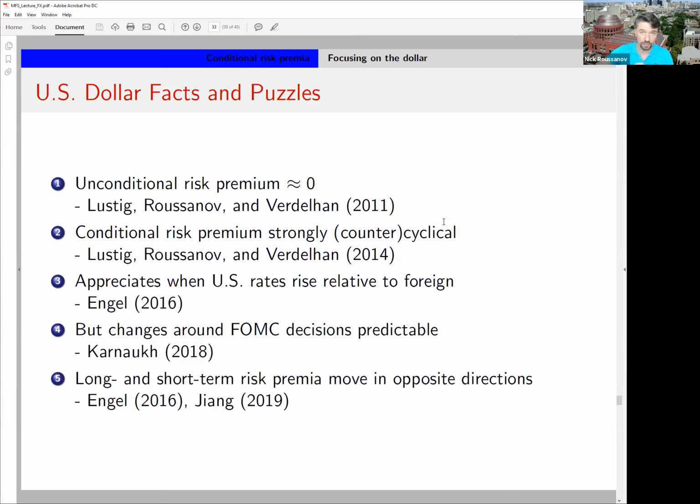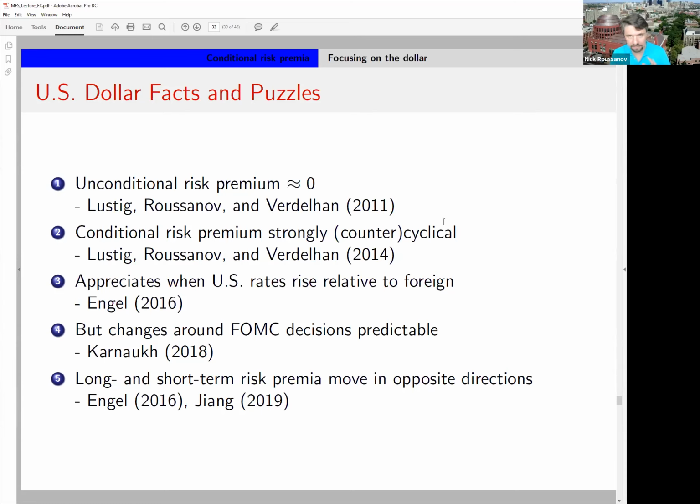And in fact, it goes against all of our models where risk premia are counter-cyclical, because if a risk premium is counter-cyclical, then my country's interest rate going up signals that I demand less of a risk premium going forward. So that should be happening in good times if risk premia are counter-cyclical. So it should be that my stochastic discount factor falls relative to the other countries' stochastic discount factors, and so the currency should depreciate.